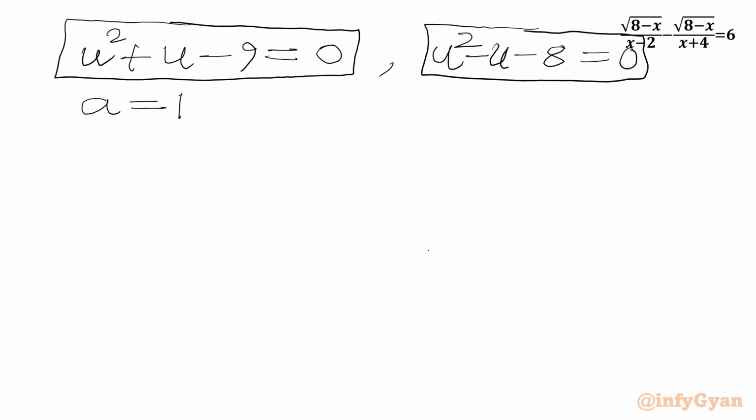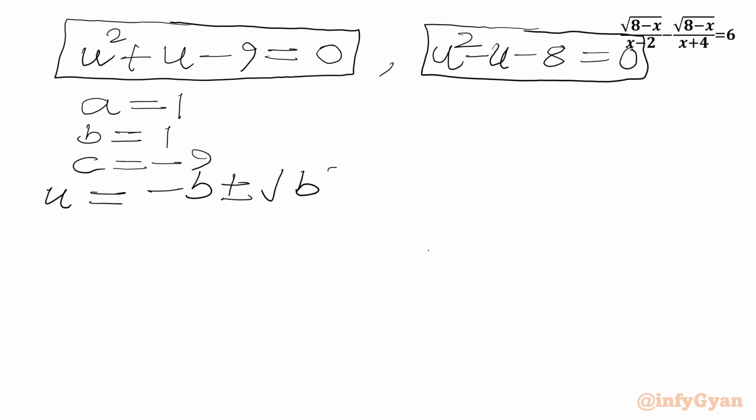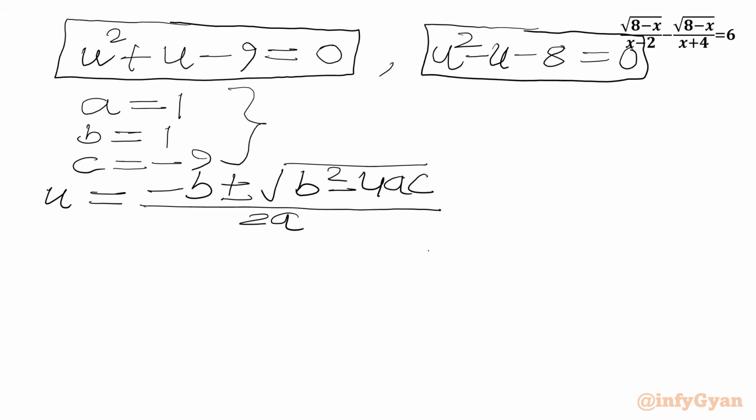a is the coefficient of u square, 1, b is the coefficient of u, 1, c is the constant, minus 9. As per the formula, u will be equal to minus b plus minus square root of b square minus 4 times a times c, over 2 times a. Let's plug in all the values of a, b and c.